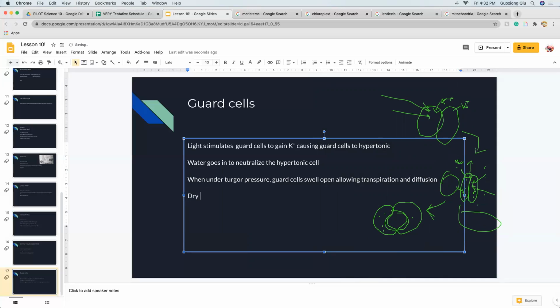So plants in dry climates like deserts, or just areas that don't rain a lot in general, have fewer stomata. This is an adaptation to prevent too much water from leaving the plant.